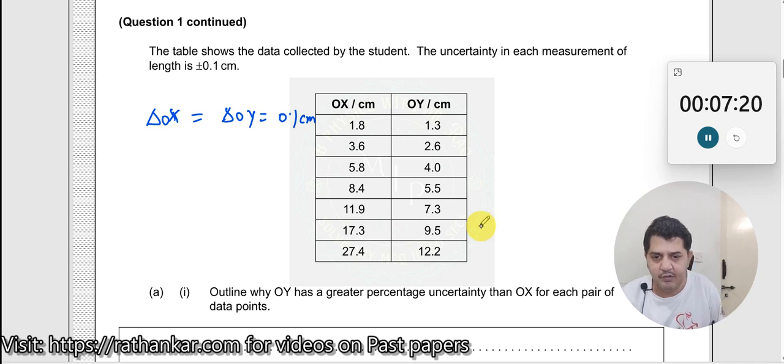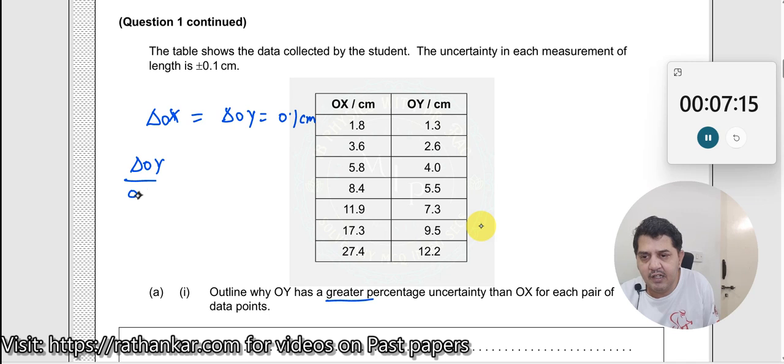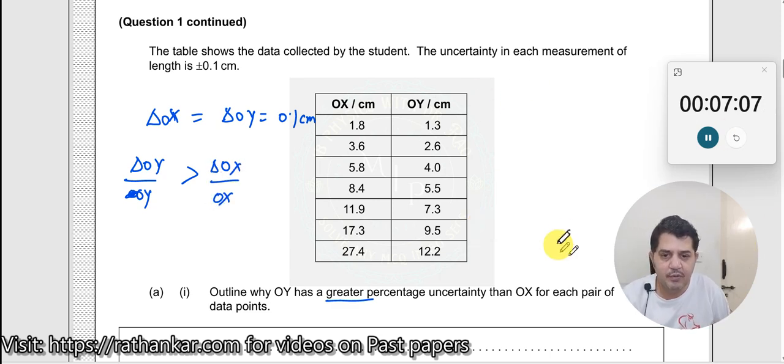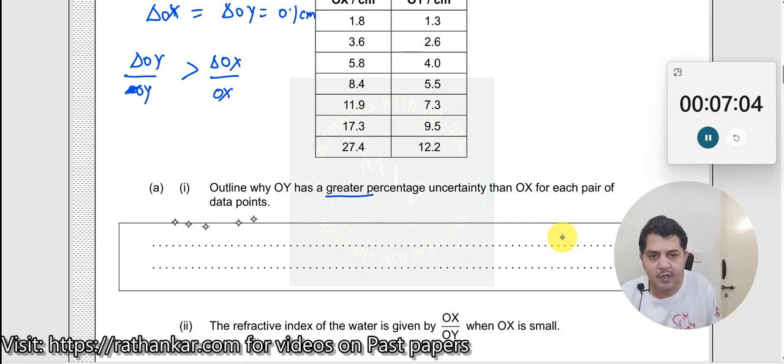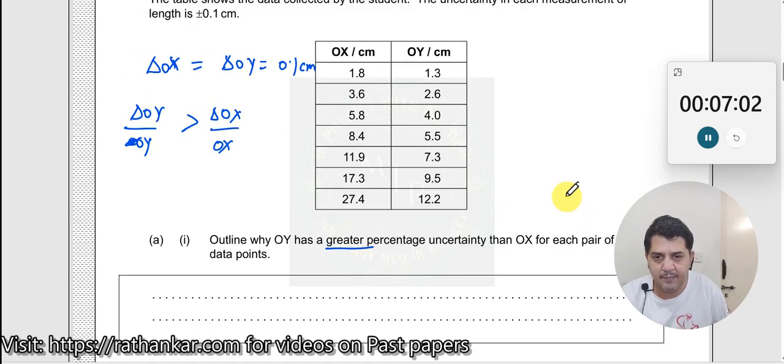He is asking you why delta OY divided by OY percentage is greater than delta OX divided by OX. How do you prove? Here he says outline, and this is for only 1 mark. So you need to mention the reason here. How do you mention the reason?